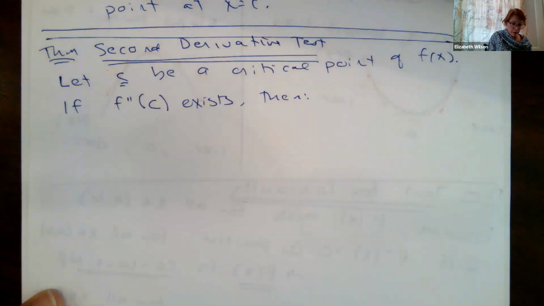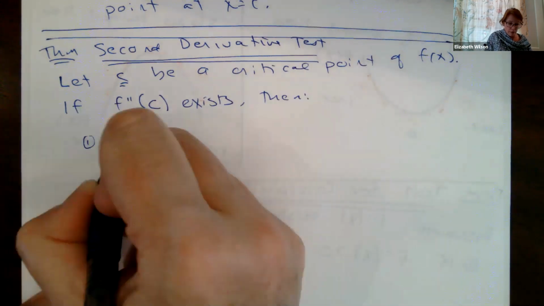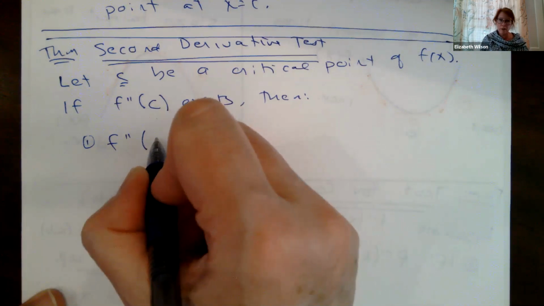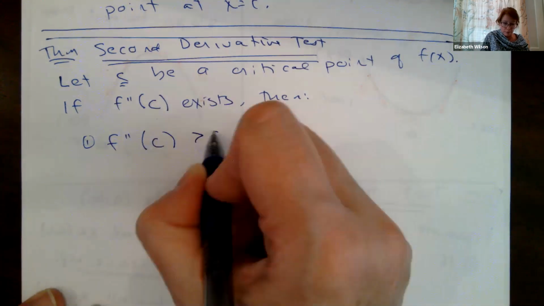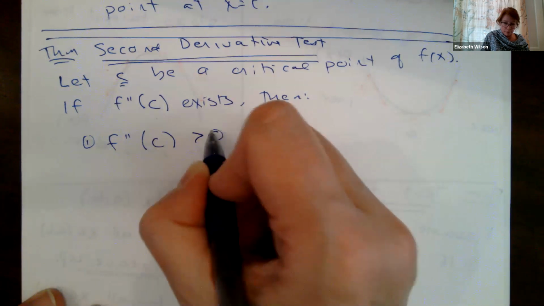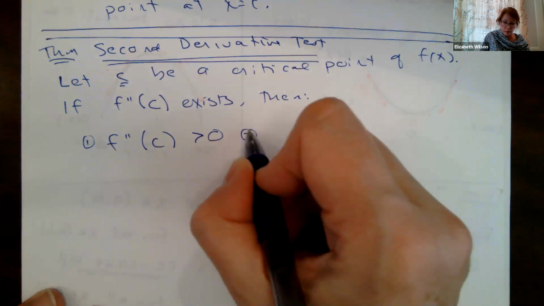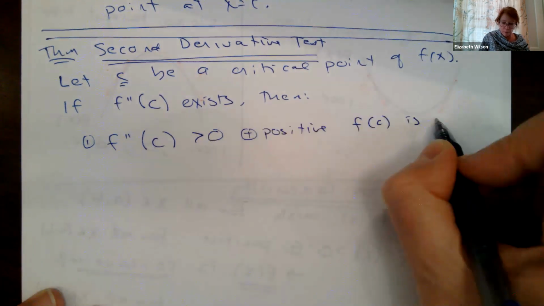So if the second derivative of f evaluated at C is greater than 0, if it's positive, then we can say f of C is a local minimum.